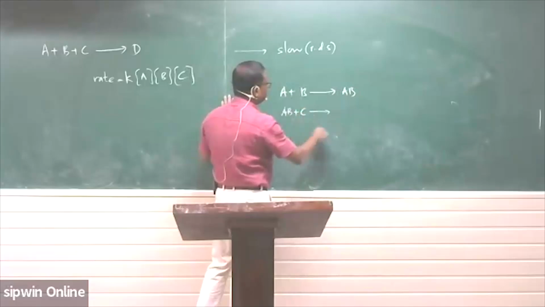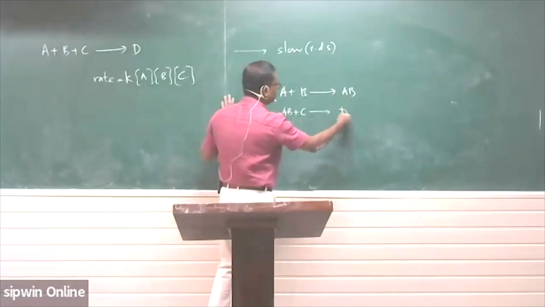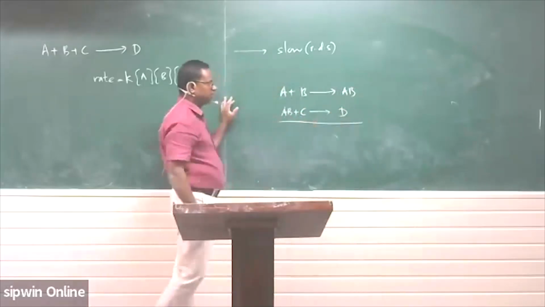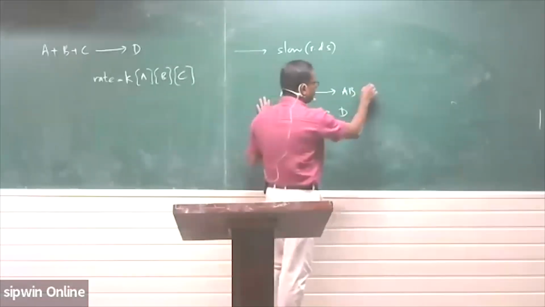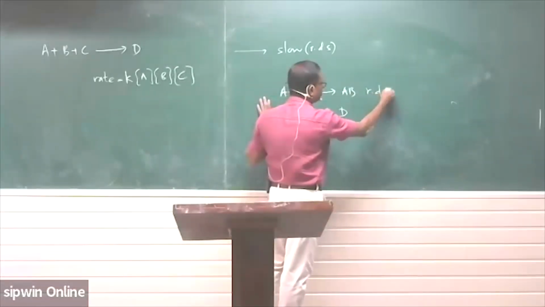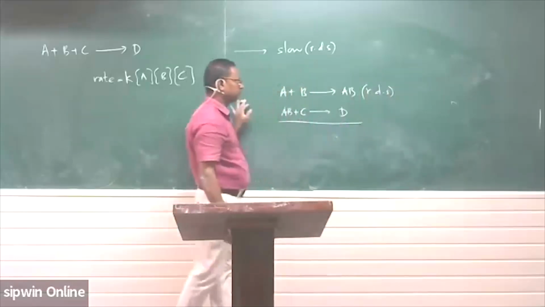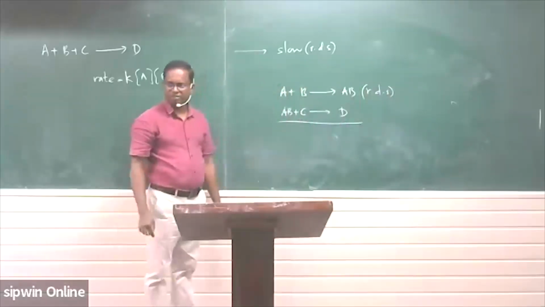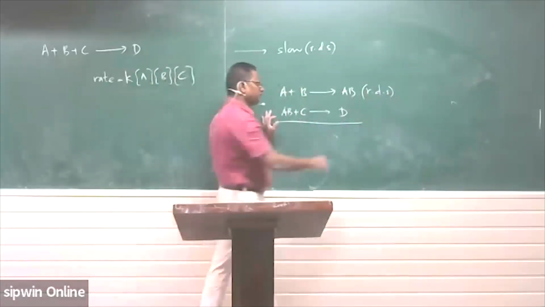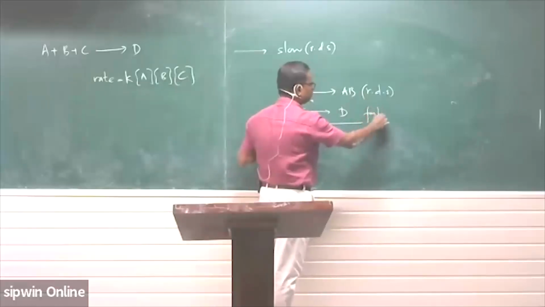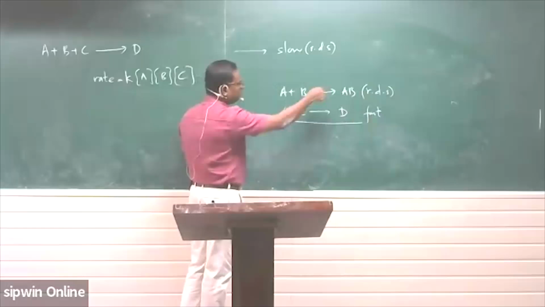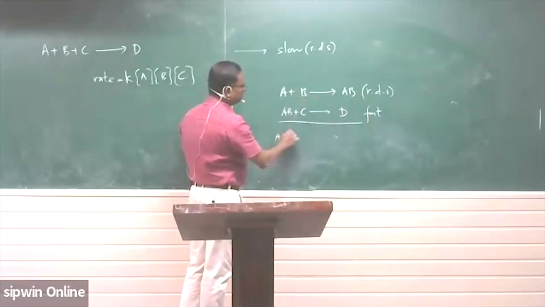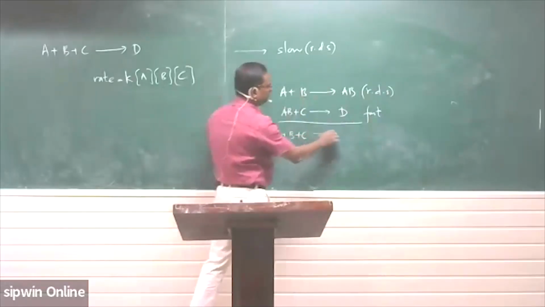AB plus C into D. This one is the rate determining step, and that one is a fast one. The overall reaction, with AB cancelled, is A plus B plus C into D.